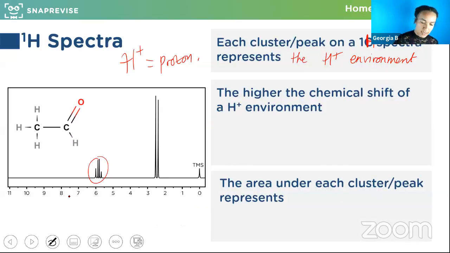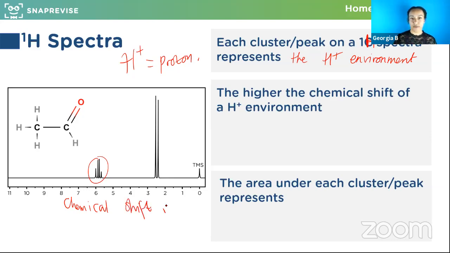Yes, so that is the chemical shift. Thank you, Kang, for telling us that. So the chemical shift is telling us about what kind of environment the proton is in. So if you have a high chemical shift, what does that mean about what the hydrogen is bonded to? Any ideas?